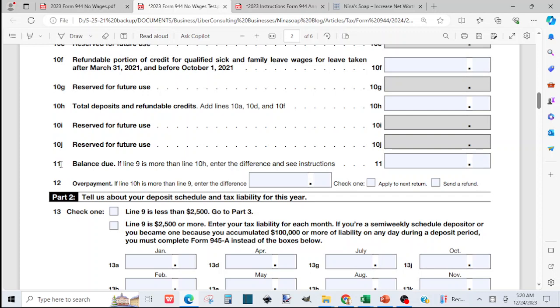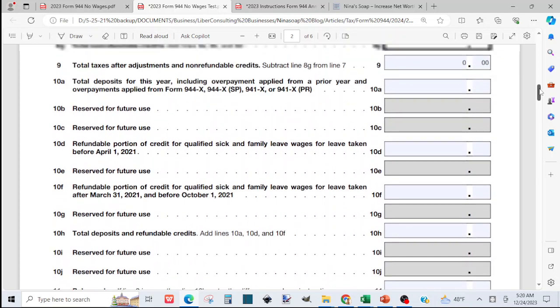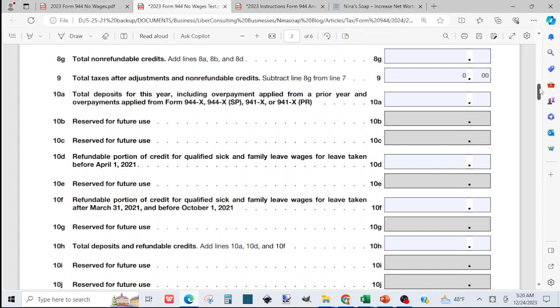Line 11, balance due. So if line 9 is more than line 10H, you enter the difference here. So what you'll do is line 9 minus line 10H.